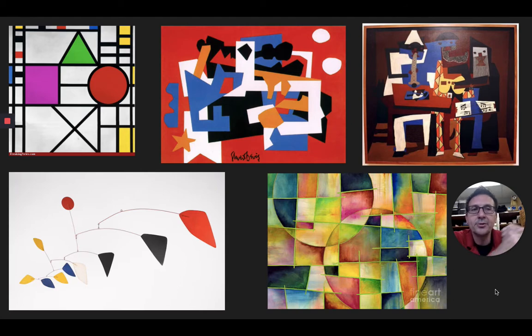All right, and you can kind of see that in the picture with the man with the clarinet and the guitar. So if you were to build a person out of geometric shapes, you'd become an early cubist.